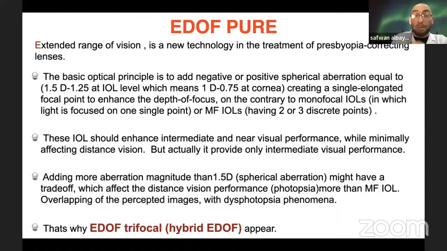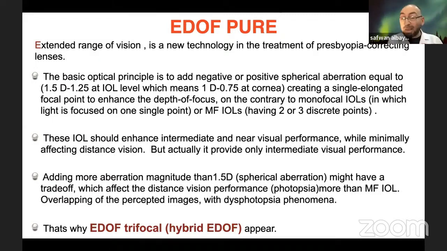Adding more aberration, because someone would say that instead of adding 1.5 diopter negative spherical aberration in the center, we can add more. Here, we will lose the aim of the EDOF, which is reducing the halos and starburst postoperatively, because that's one of the aims for which we created this lens.